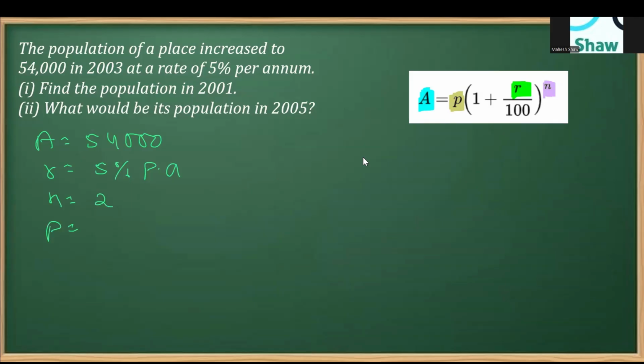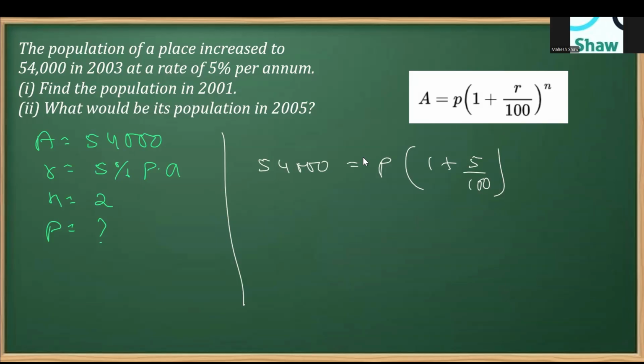And what we have to determine is the principal. So if you plug in these values in this formula, replacing A with 54,000, it is equal to principal, which we have to determine, bracket 1 plus R, which is 5 over 100, raised to the power n, and n is 2 over here.